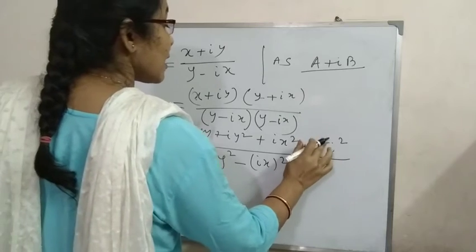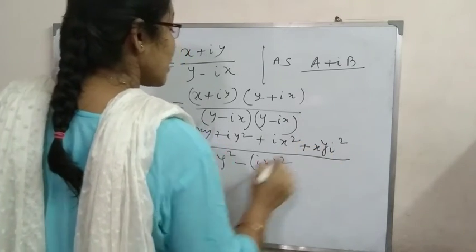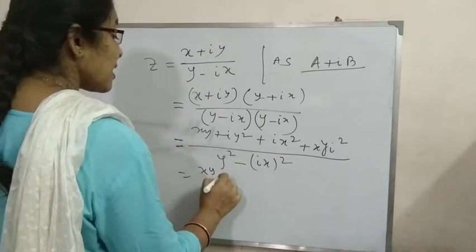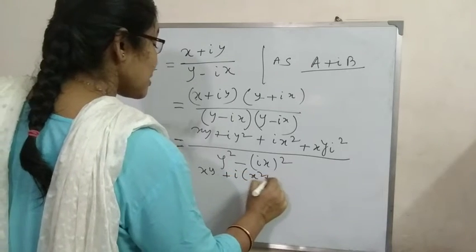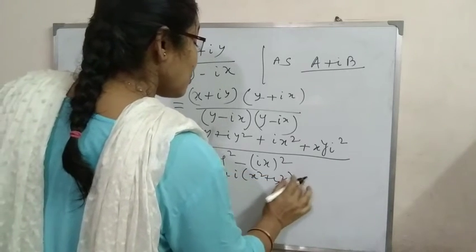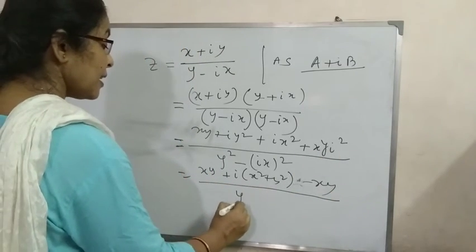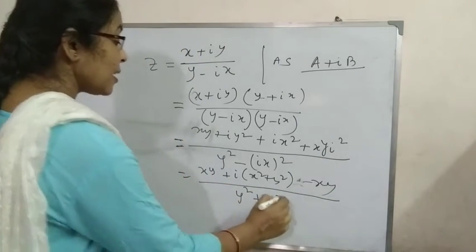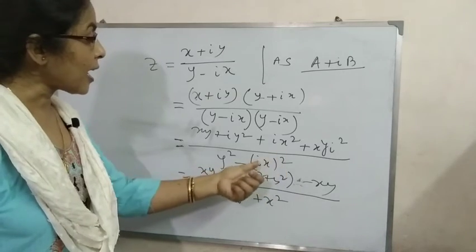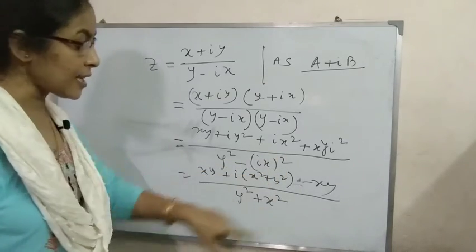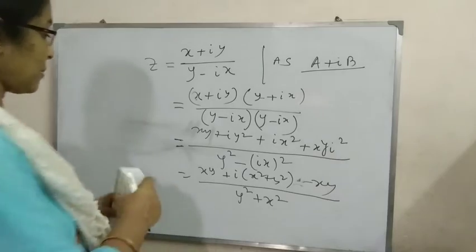This is equal to xy i square, this is xy plus i x square plus y square. This is equal to minus xy because i square equals minus 1. This is y square plus x square, so I can write it in this way, y square plus x square.